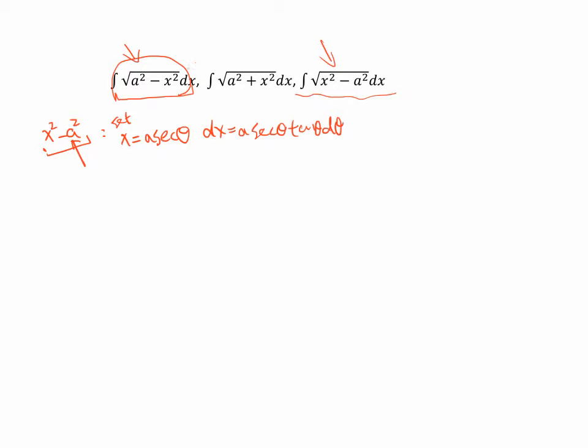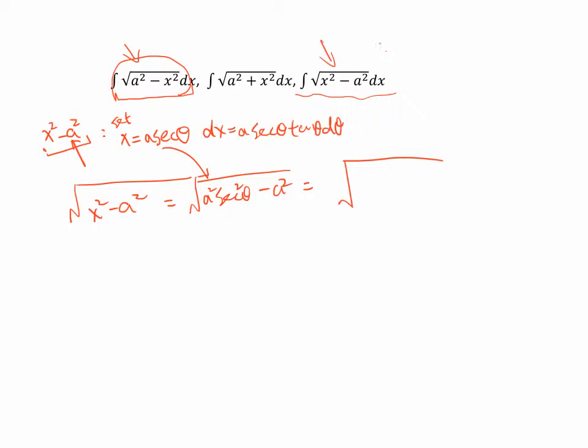So I can plug in the substitution. The square root of x squared minus a squared equals the square root of a squared secant squared theta minus a squared. Take a squared out: secant squared theta minus 1.